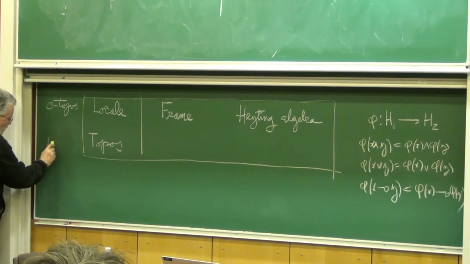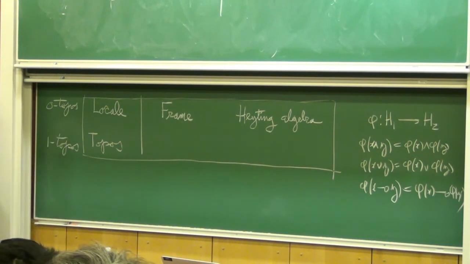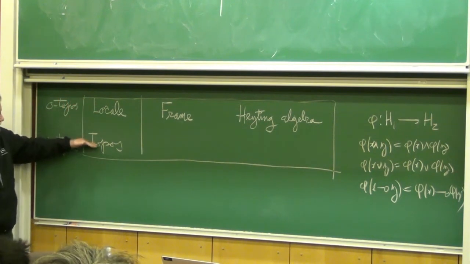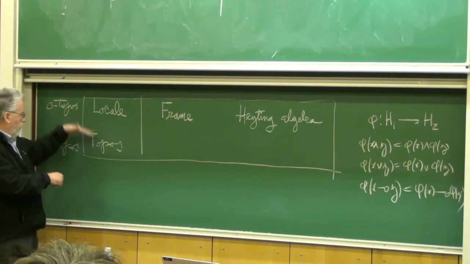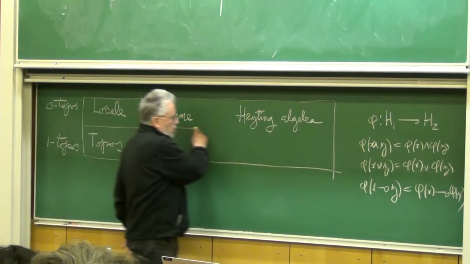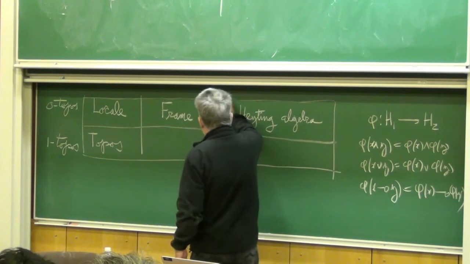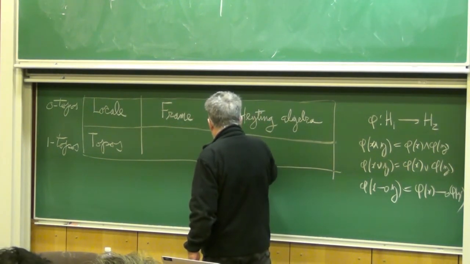And now I'm talking about one-topos, which are Grothendieck topos. So the locales are like, at this level, they are just the Grothendieck topos. And here, they are the elementary topos.